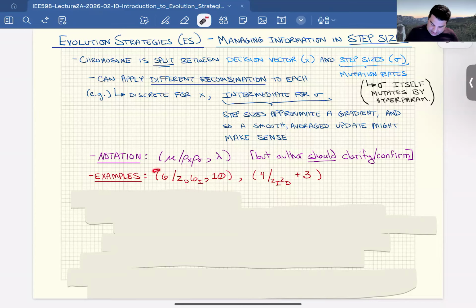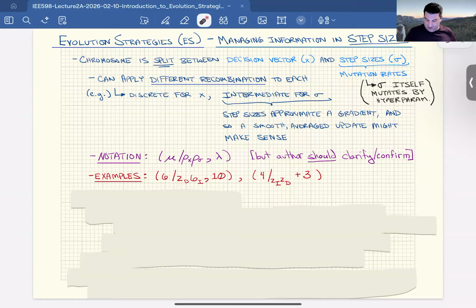So if you use this here, then this is telling me I have 6 parents, and I am going to use a recombination of 2 parents with discrete recombination for the decision variable part.